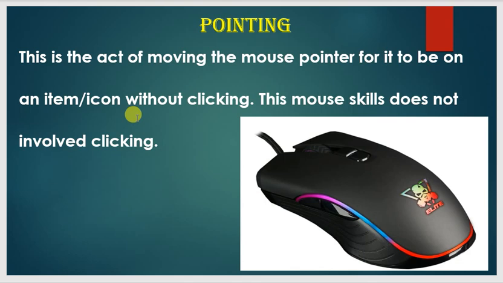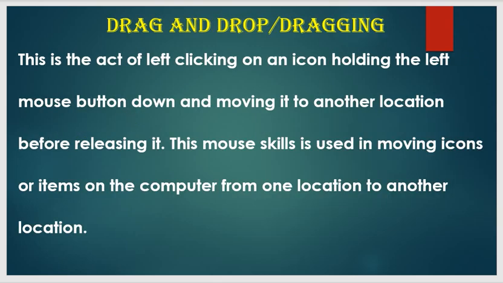What you have to do is just move the cursor or the mouse onto an item. If you're able to move the mouse so that the cursor is on an icon or any item on the computer, it is referred to as pointing. This is the only mouse skill that does not involve pressing any button of the computer mouse.